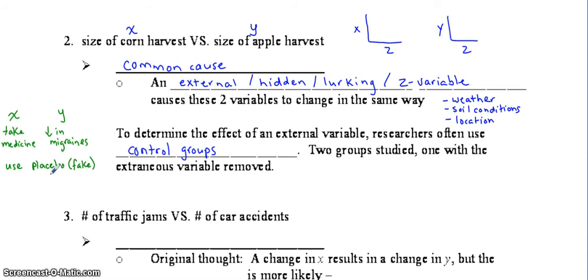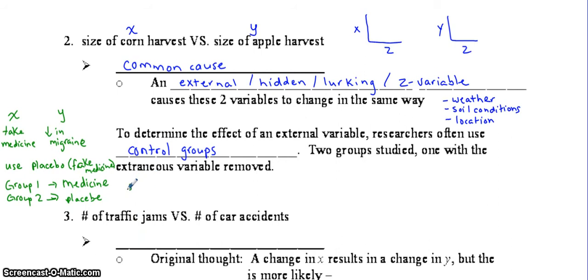So one group, group 1, would take the medicine, group 2 would take the placebo, and when I say fake, I mean it's fake medicine. It's really just a pill that they call a sugar pill.